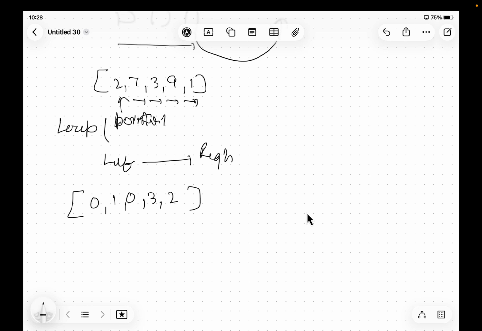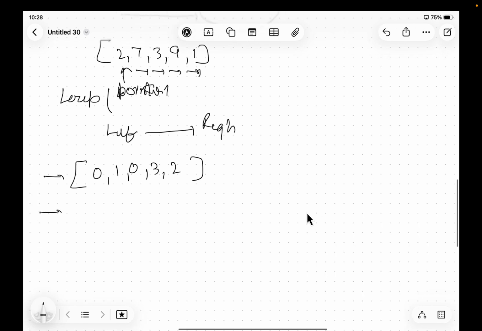I want to process this array, and if I use only one pointer, I just scan this element, then this element, then this element. But I don't know where to place this element. If I'm at this place, I don't know whether this zero moves to here or here. I'm not able to solve my problem because I don't have any control on the movement of the data.